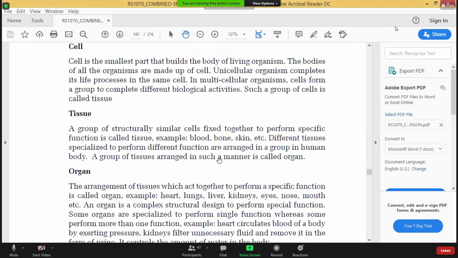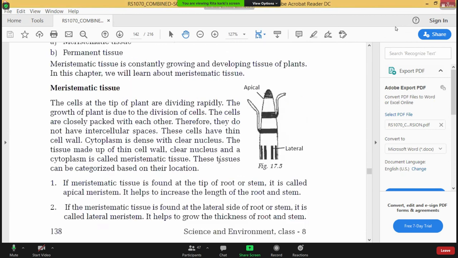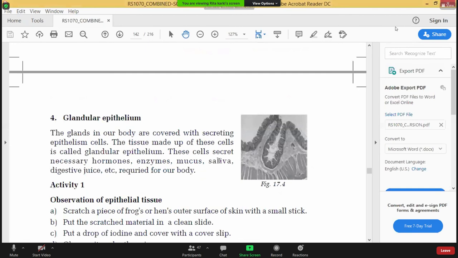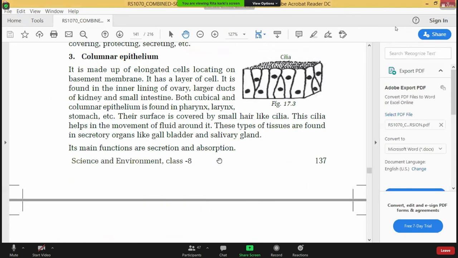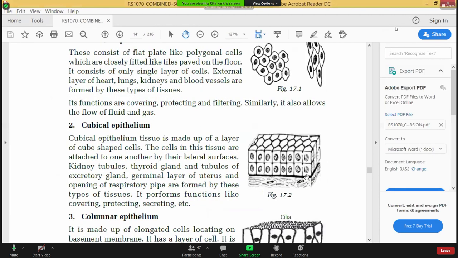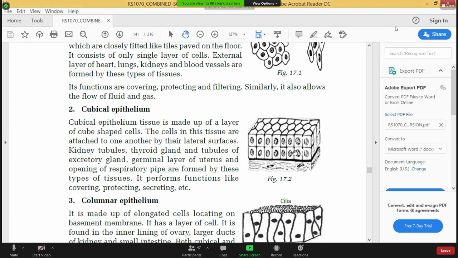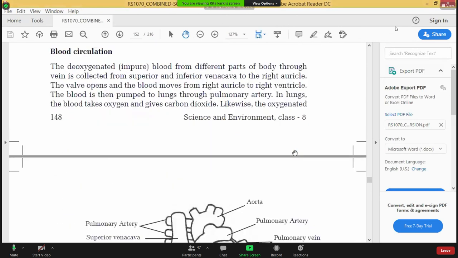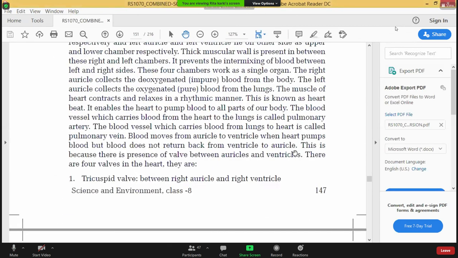You have done only one tissue. You need to do both.